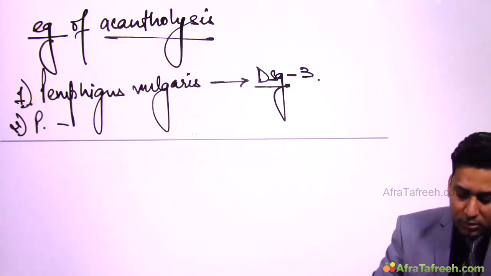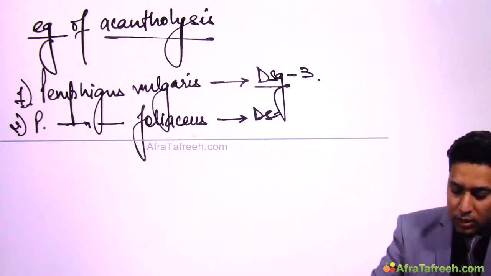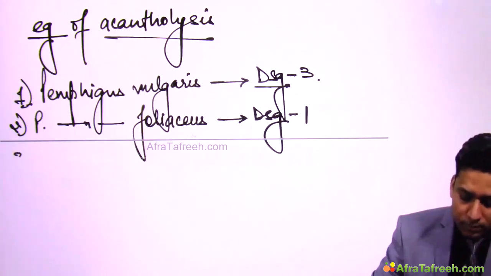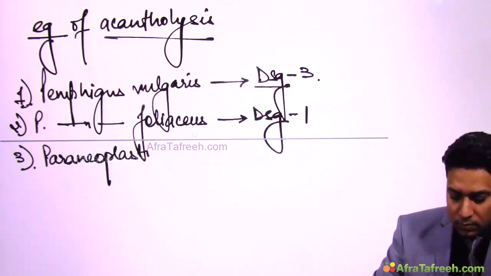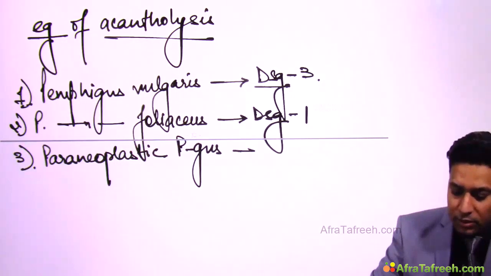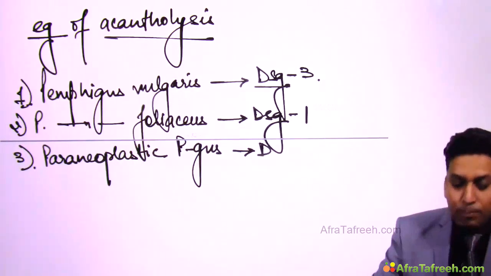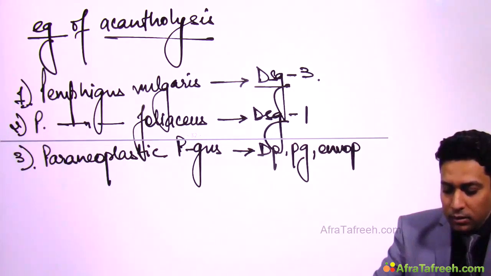In pemphigus foliaceus, desmoglein 1 is involved. In paraneoplastic pemphigus, the plakin group of family is involved, that is desmoplakin, plakoglobin, envoplakin.